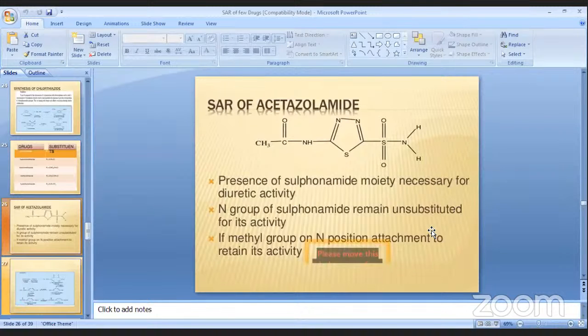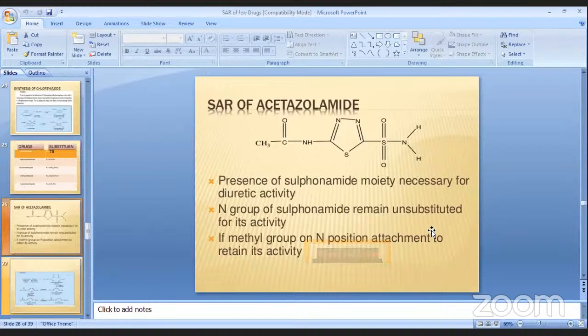So you see here the basic point is the sulfonamide group, SO2NH2. That is acetazolamide, a thiazole derivative, and this thiazole is heterocyclic in nature.